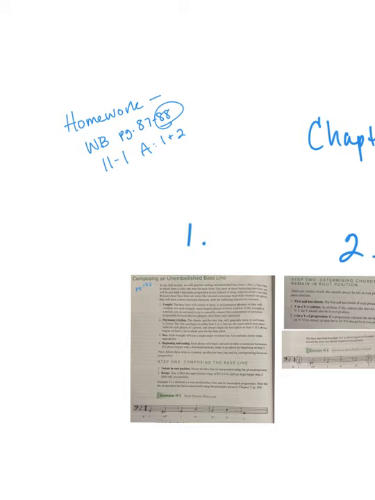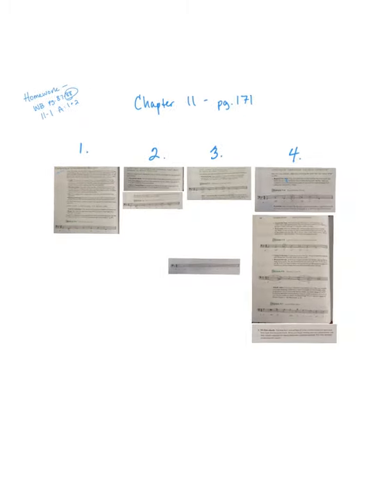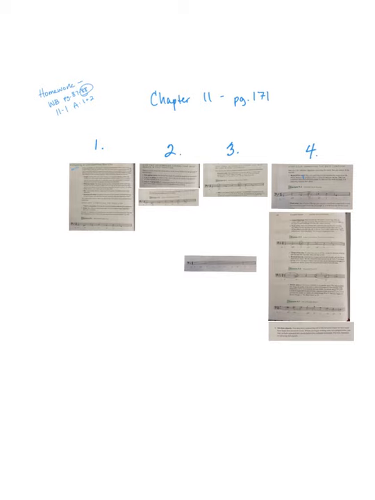And it's going to be writing baselines, which you'll understand more of what they're asking for after we finish this video. So chapter 11, you can read page 171, which gives a good introduction and overview, but it is about counterpoint, two-part counterpoint. So the relationship between a bass line and a soprano line is what we're talking about.